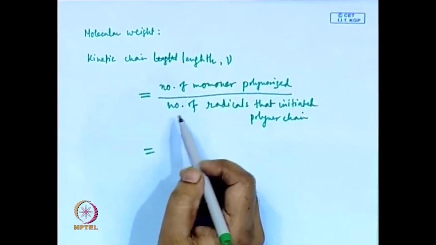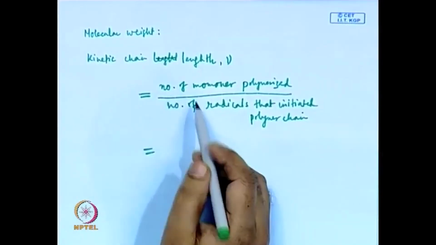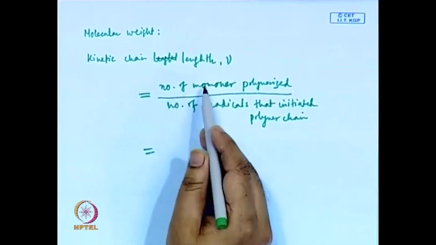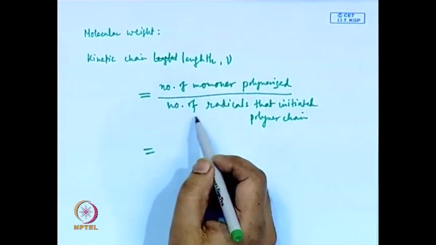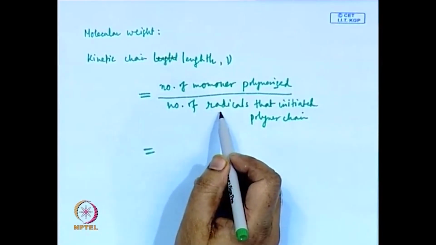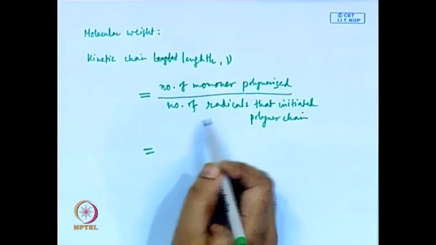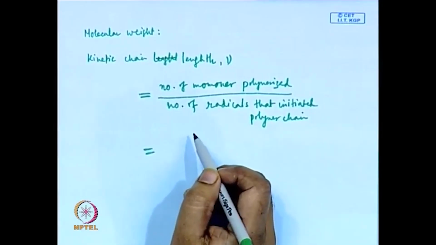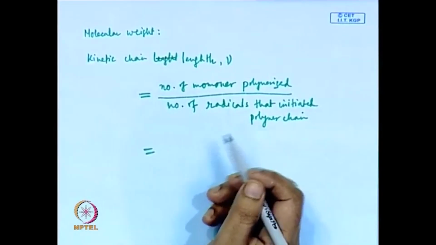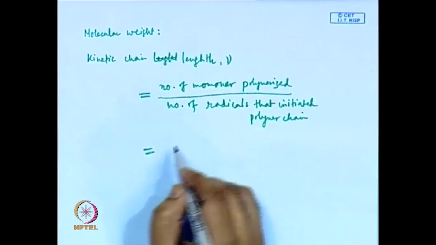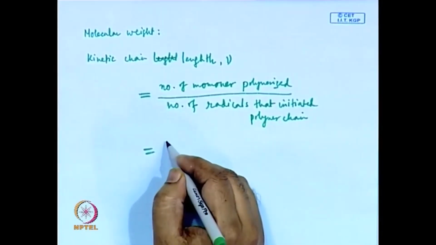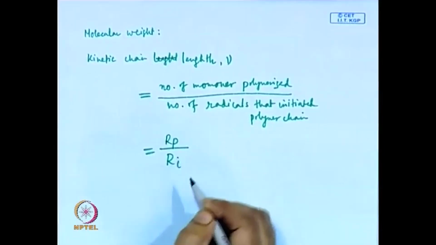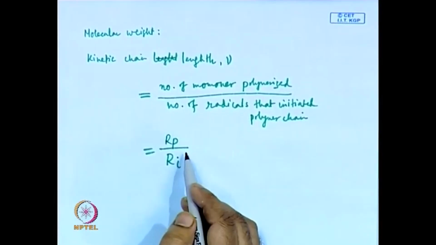Considering the time, we can say that the top one is the rate of polymerization, the rate of disappearance of monomers, and the denominator is the rate of formation of the radicals, which is nothing but the rate of initiation reactions. So we can write rate of polymerization divided by rate of initiation.